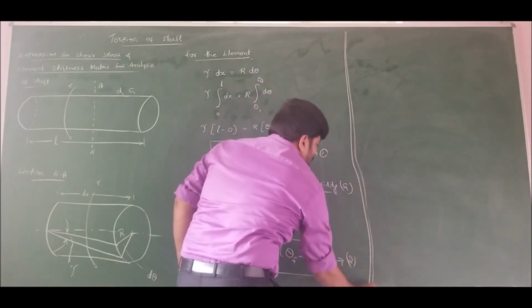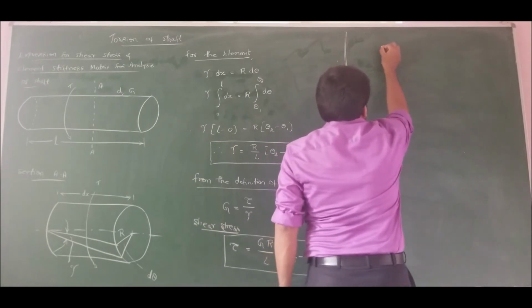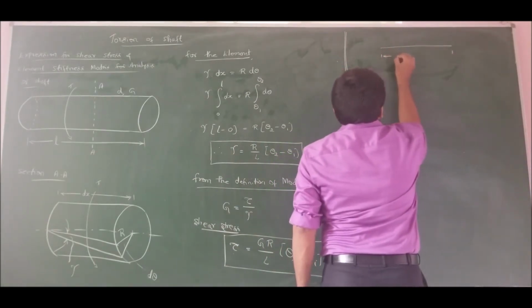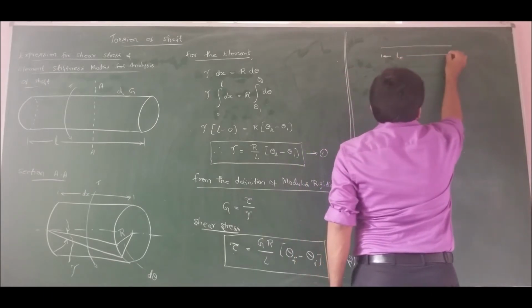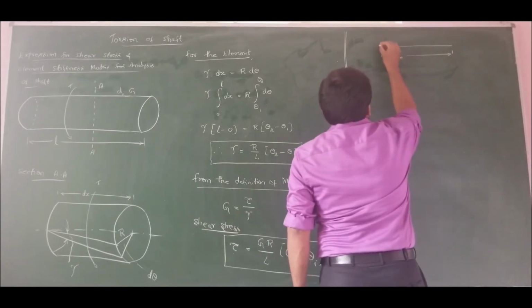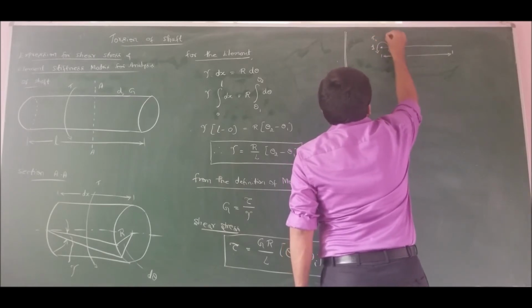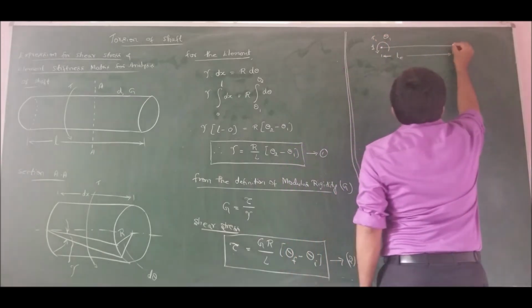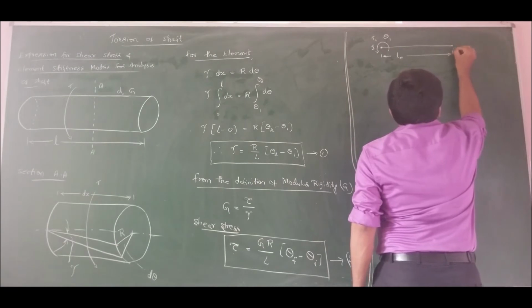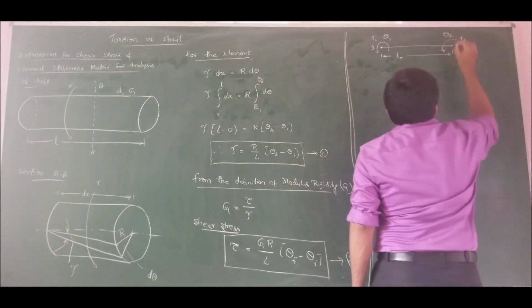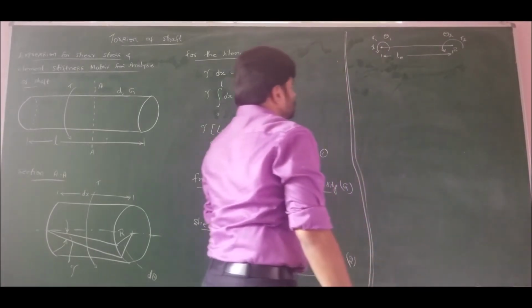The finite element will have elemental length Le. At node 1, let torque be T1 and twist be theta 1. At node 2, the torque is T2 and twist is theta 2.